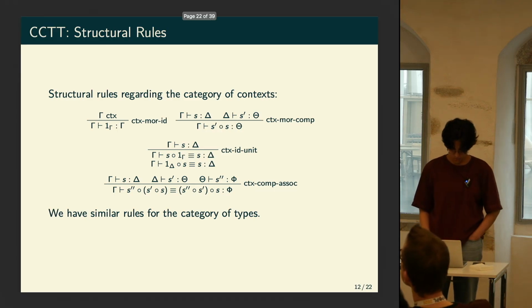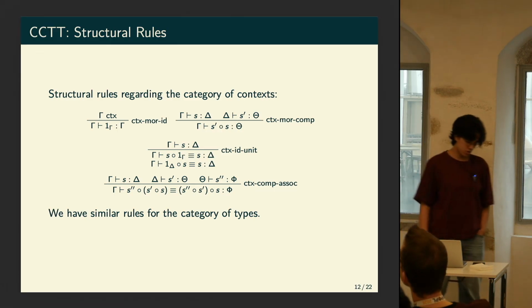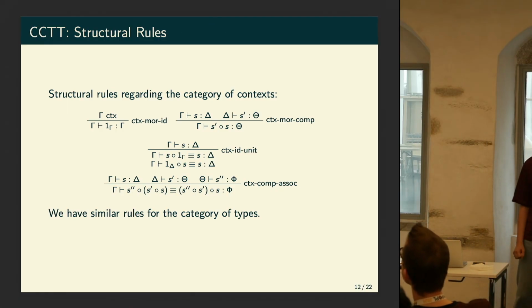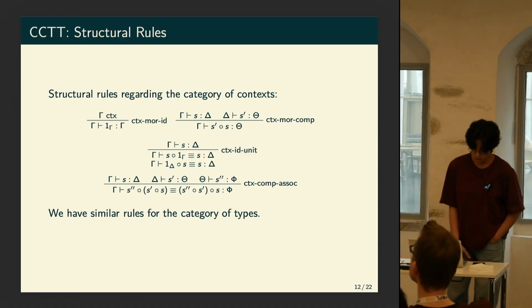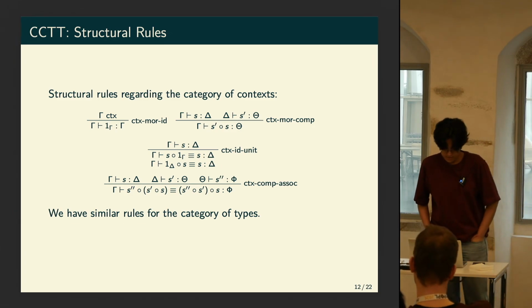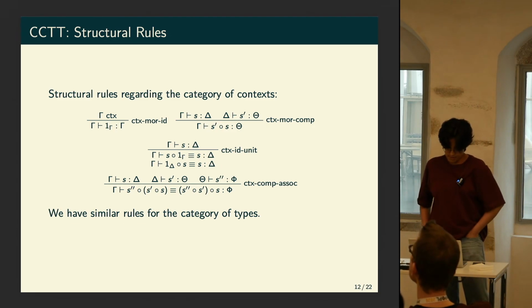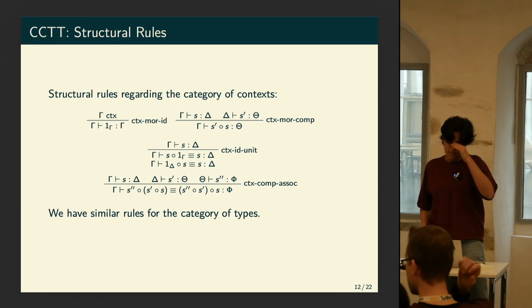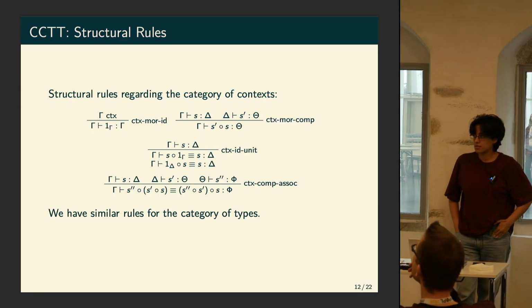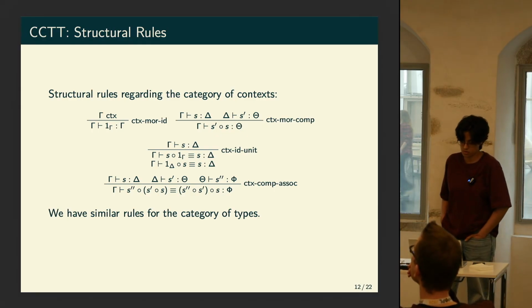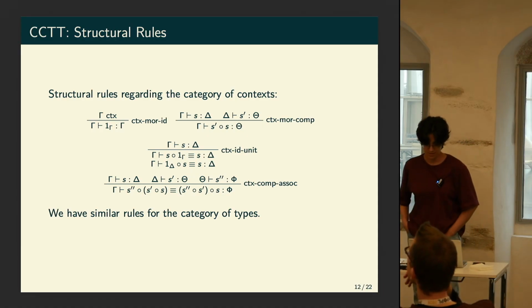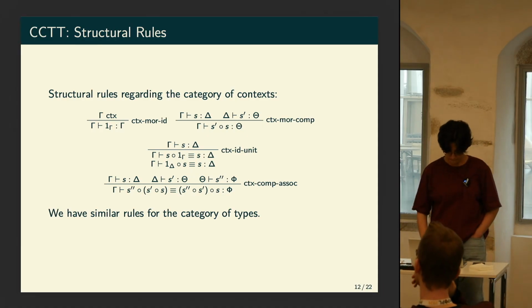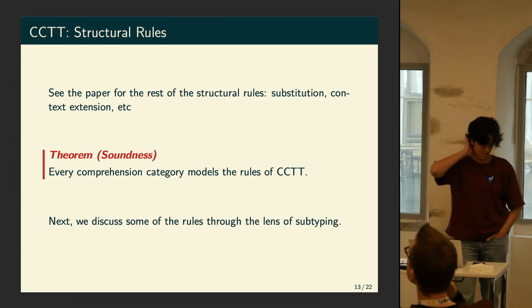And to just give you a bit of a feel of what the structural rules look like, I'm going to show the structural rules that correspond to the category of contexts. But then we have similar ones for the category of types and other things. So the first two rules, the first line, correspond to the identity and composition in the category C. And the other ones are the unital and the associativity laws in a category C. You can see the rest of the rules in the paper if you want.